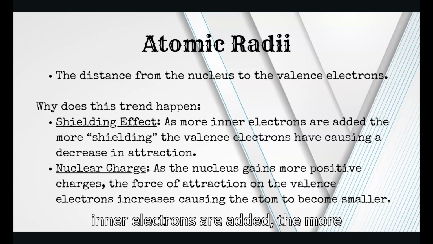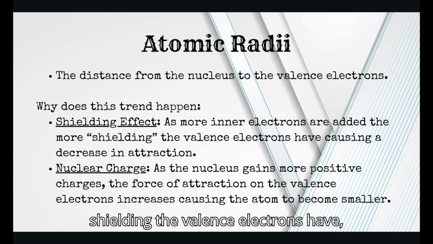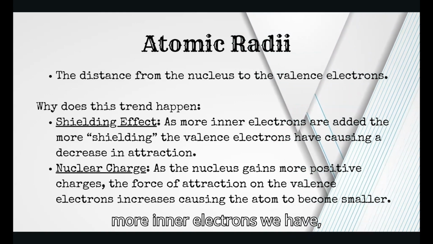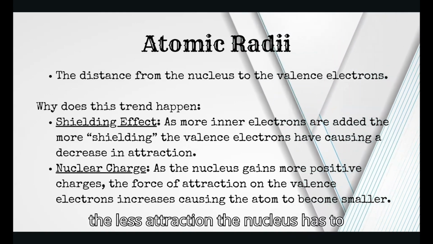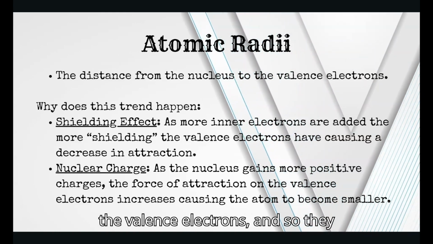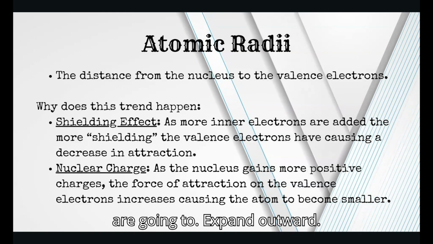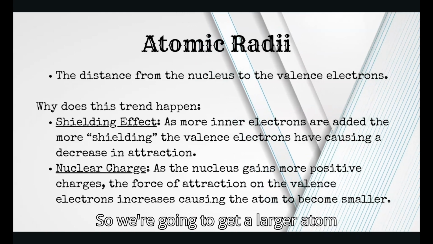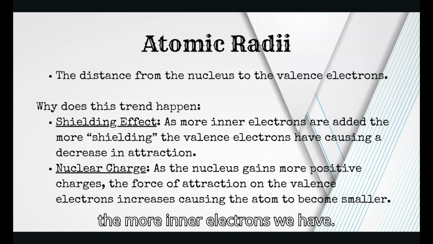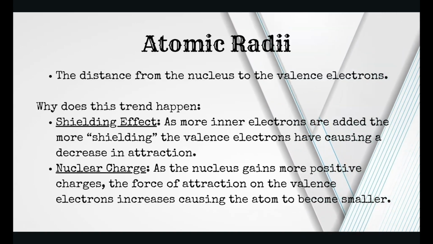As more inner electrons are added, the more shielding the valence electrons have, causing a decrease in attraction. So the more inner electrons we have, the less attraction the nucleus has to the valence electrons, and so they are going to expand outward. So we're going to get a larger atom the more inner electrons we have.